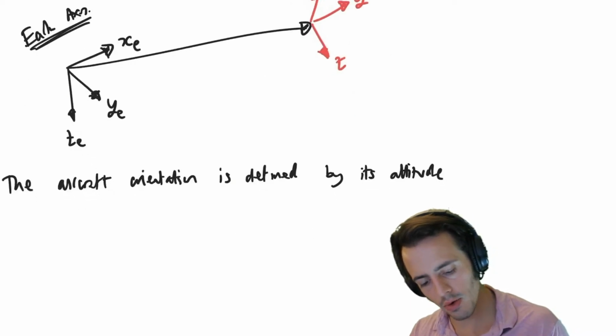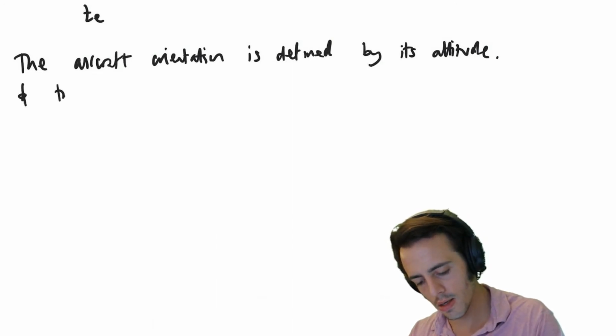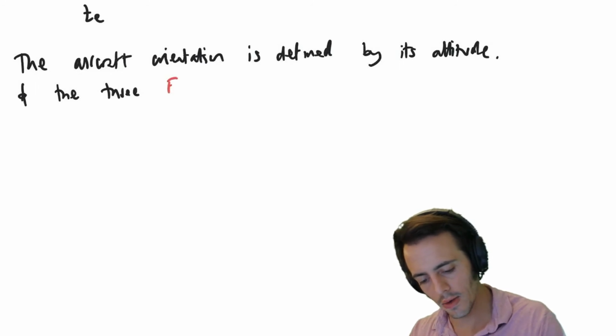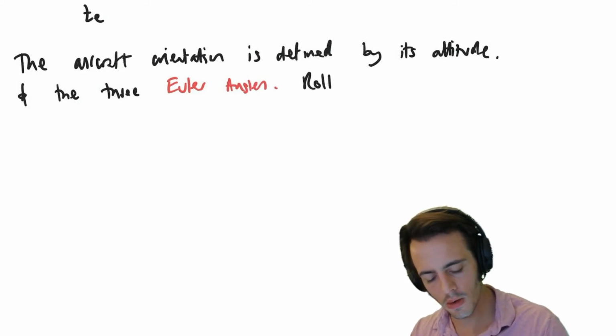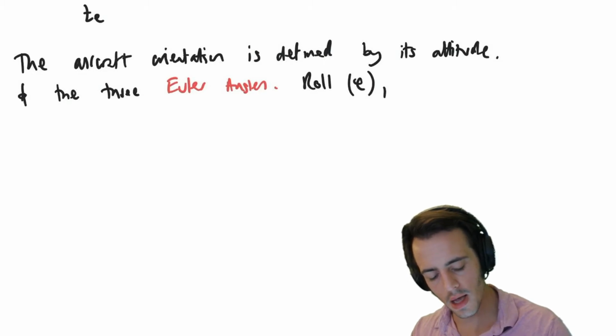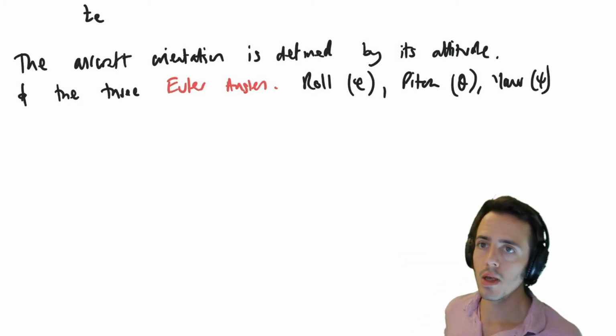Okay, so the aircraft's orientation is defined by its attitude and the three Euler angles. Okay, and the Euler angles are roll, which is phi, pitch, which is theta, and yaw, which is psi.